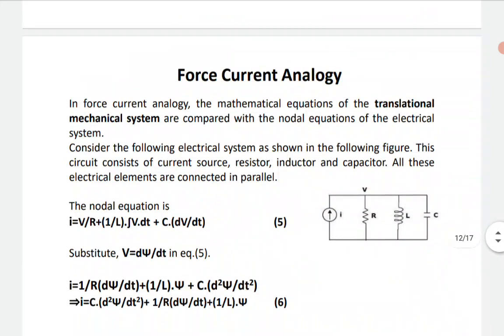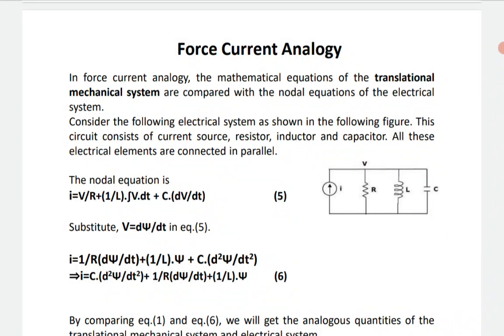Okay, now we are focusing on the force current analogy. Previously we considered the RLC series combination. In case of force current analogy we will construct RLC in parallel combination. So in force current analogy, for the translation mechanical system with the nodal equations of the electrical system, we construct the resistor, inductor and capacitor in parallel.